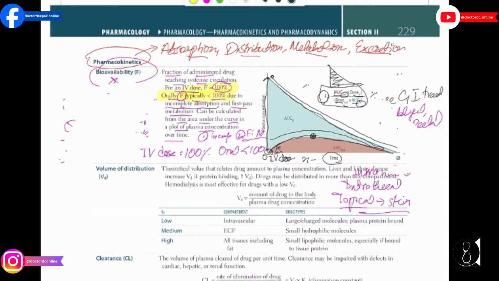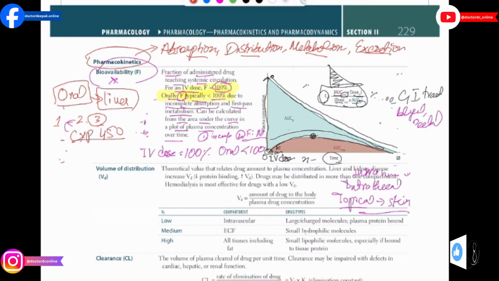Now we were talking about the first part, first pass metabolism. Let me explain, because when you take any drug orally, that drug is absorbed and goes to the liver. Some drugs are rapidly metabolized in the first pass. The liver has zones: first, second, and third. In the third zone, there are cytochrome P450 enzymes that will metabolize that drug.